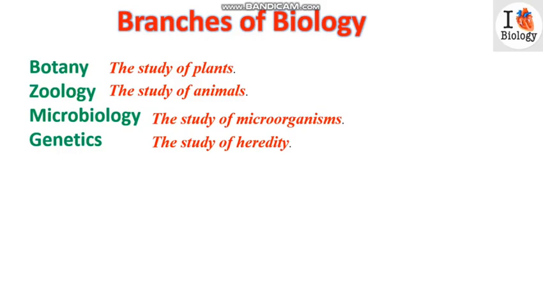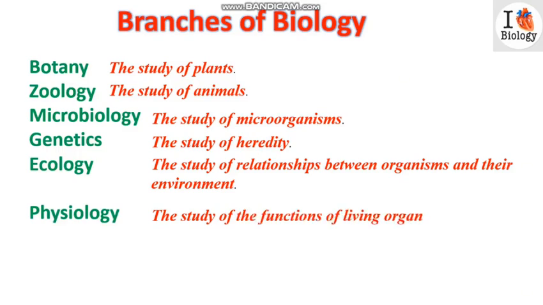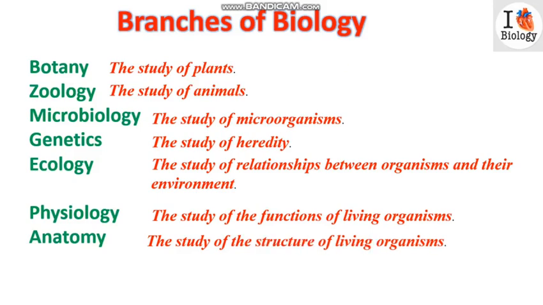We also have another branch of biology, which is ecology. Ecology is the study of relationships between organisms and their environments. We also have physiology. Physiology is the study of the functions of living organisms. We also have anatomy. Anatomy is just the study of the structures of living organisms. So these are the branches of biology.